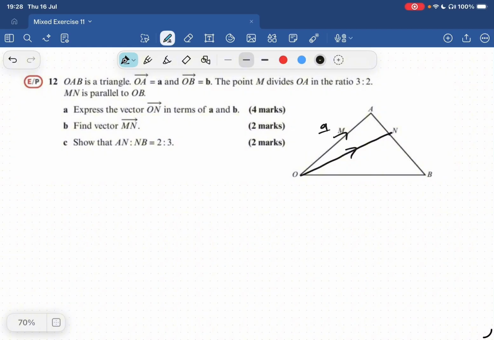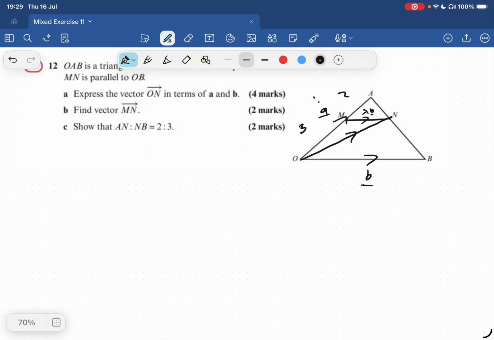O to A is a, and O to B is b. And this point M divides OA in the ratio 3 to 2. MN is parallel to OB. Perfect. So it's going to be some multiple of b because they're parallel. Express ON in terms of a and b.